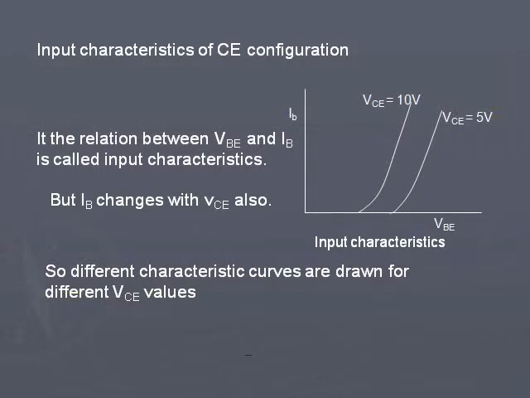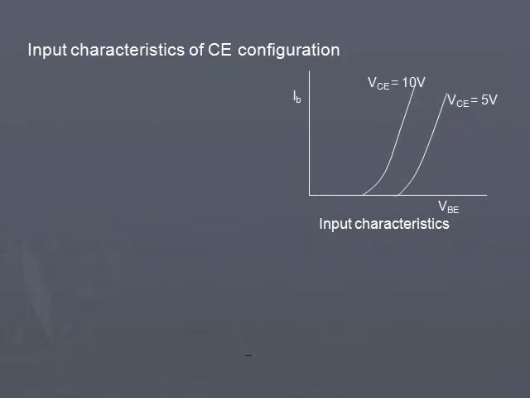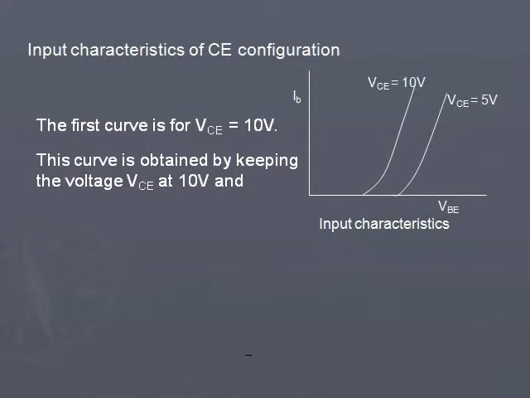Because IB changes with collector voltage, we study the relation between IB and VBE at a constant output voltage, collector voltage. So we select VCE as a constant voltage of 10 volts, and by varying VBE we measure IB and we draw a graph between VBE and IB.